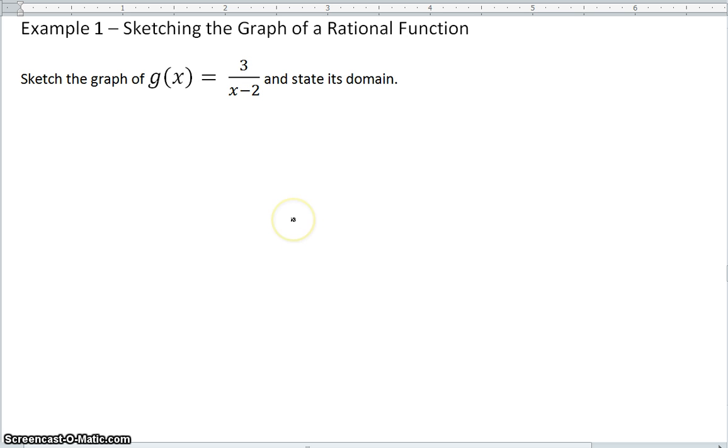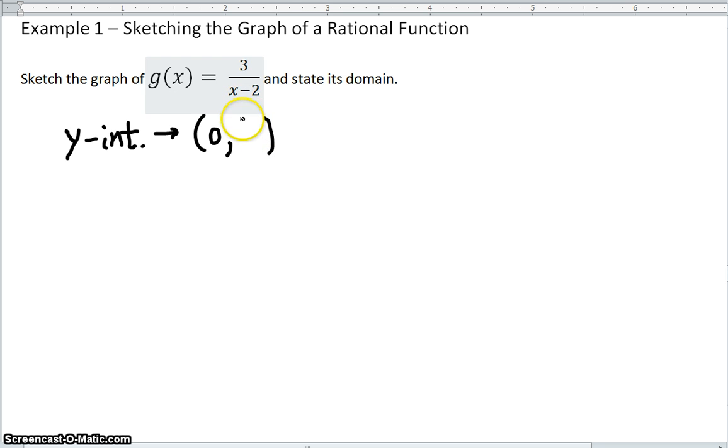Okay, if you're asked to sketch the graph, the first thing you want to know are a few things about it. And what I would usually start with is first asking yourself, where is the y-intercept? Well, that's where the graph hits the y-axis, and that's where x is equal to 0.